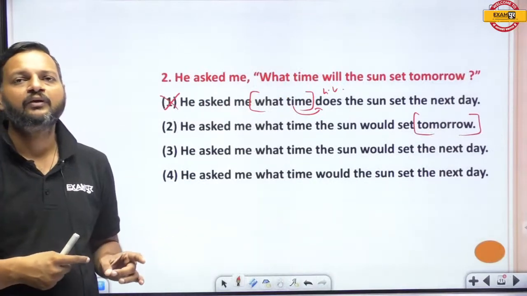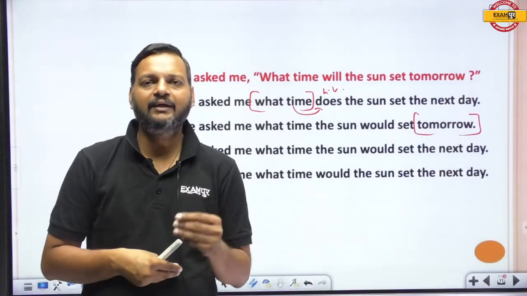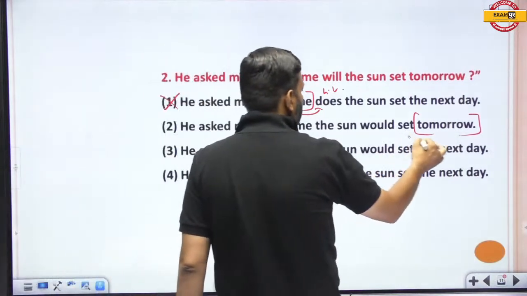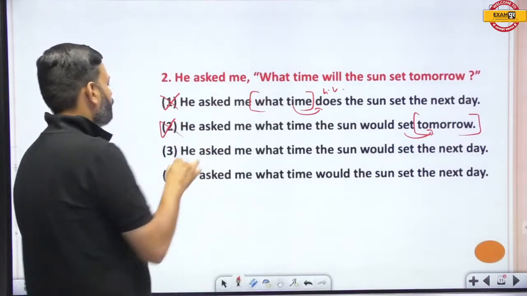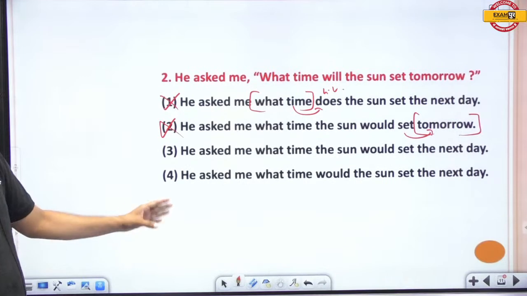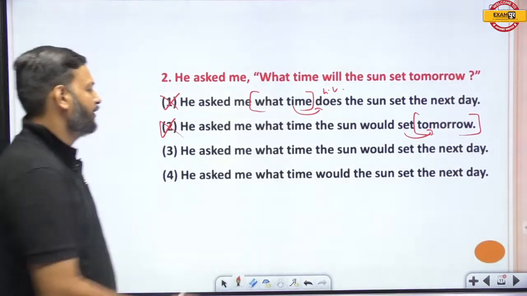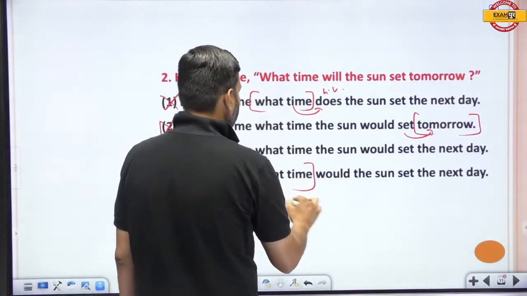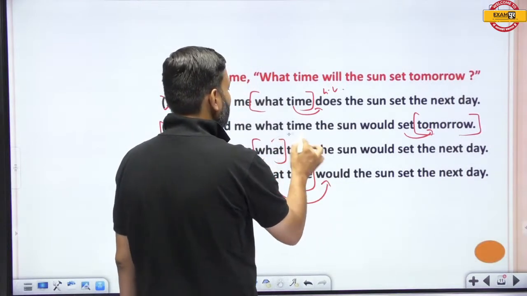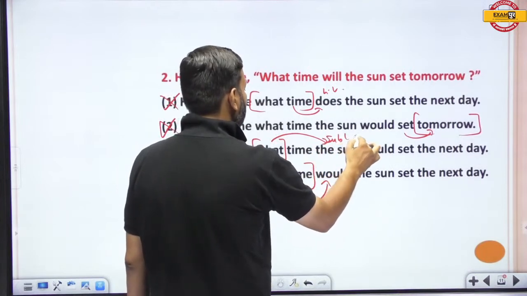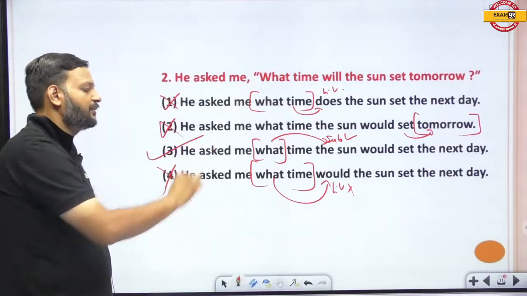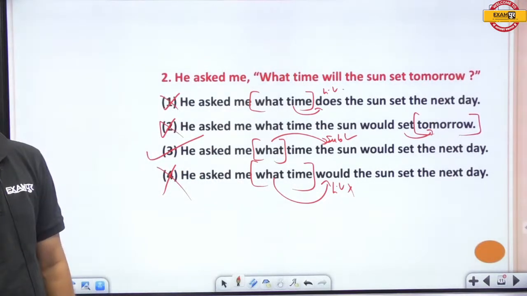I just told you a few minutes back that tomorrow must be changed into the next day or the following day, but here tomorrow is written as it is, so eliminate this sentence. Now third, he asked me what time the sun would set the next day. He asked me what time would. Again here WH word is followed by helping verb. WH word must be followed by subject and not helping verb. So eliminate this as well. The correct answer is 3.